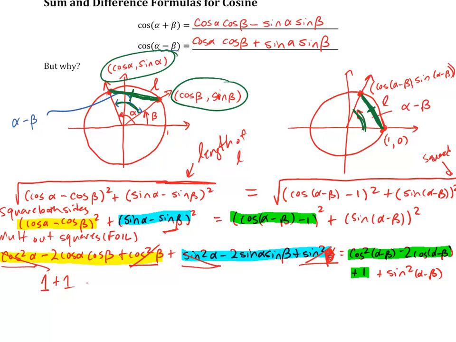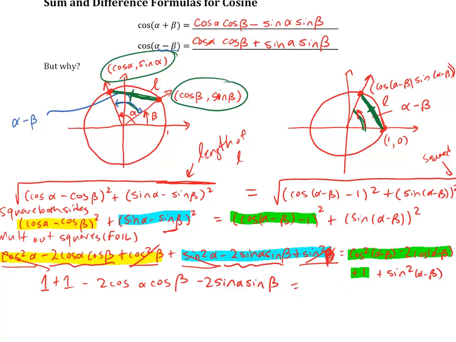And so you're left with a minus 2 cosine alpha cosine beta minus 2 sine alpha sine beta, that's this one, and this one.